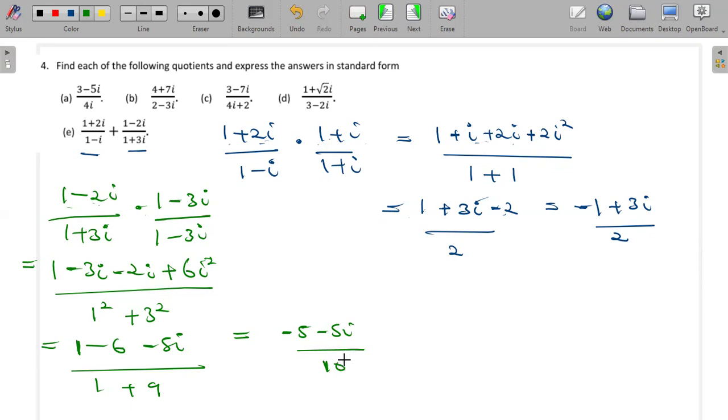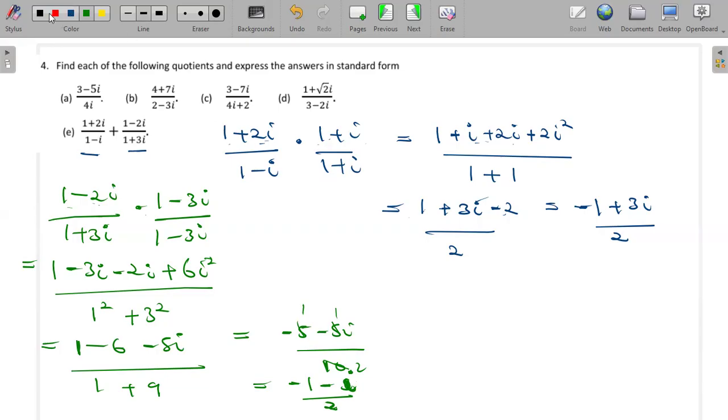Then I can simplify this. Since 5 goes into both of them, I'll have negative 1, negative i, since it's ones, then over 2 there. So 5 into 10, that's 2. 5 there, 1. 5 there, 1. Then you remain with (-1 - i) over 2.